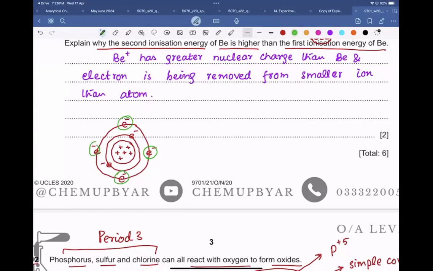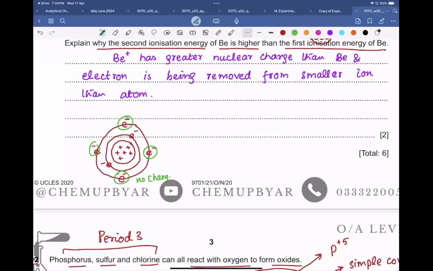Is this understandable? Yes, Mariam, but that will give you only 1 mark. You have to further explain why, when the electron is released from the positive ion, the energy is greater, why we need the higher energy. It is because, first thing, the atom has no charge, right?